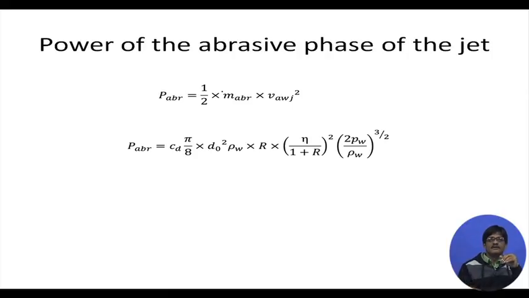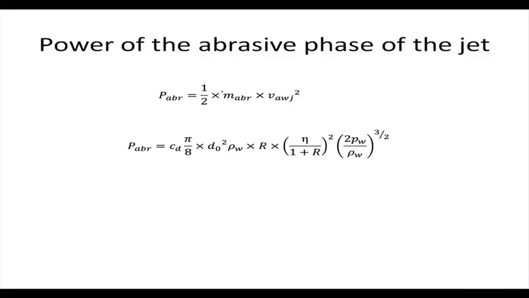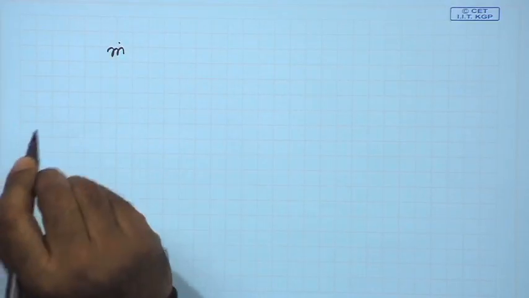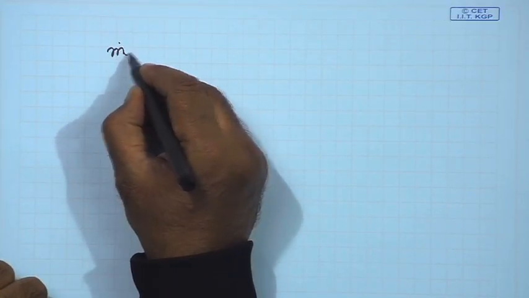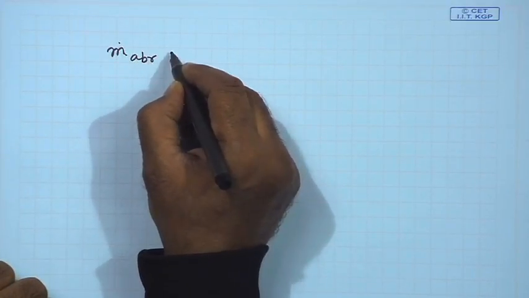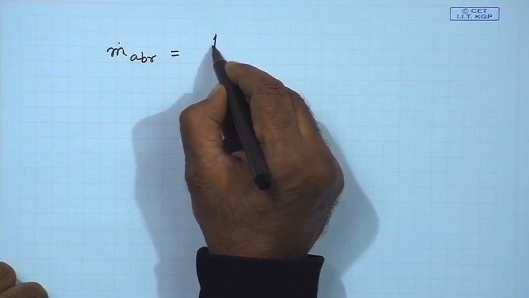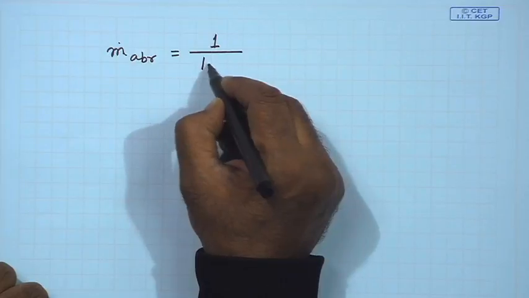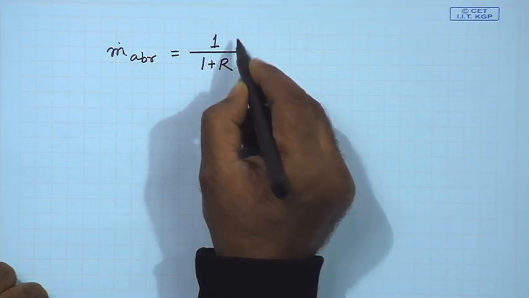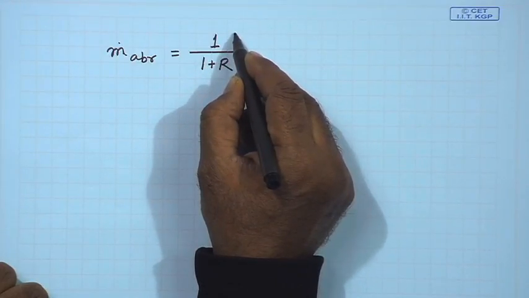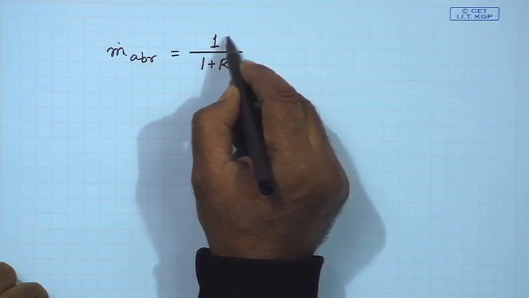First of all, let us have a look at mass flow rate. What have we derived? Mass flow rate of abrasives. If I remember correctly, this was equal to 1 by 1 plus R, was it? Just a moment. No, I am sorry.